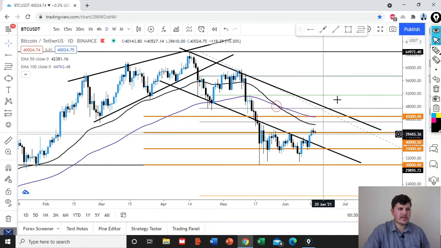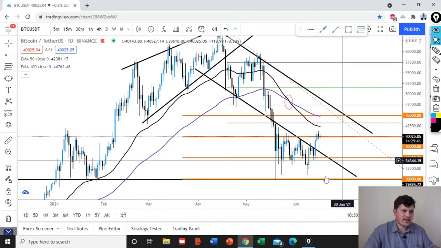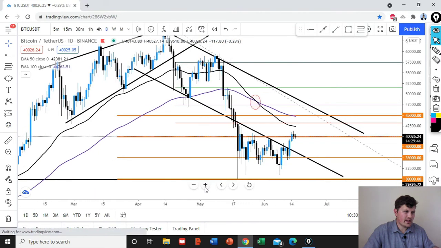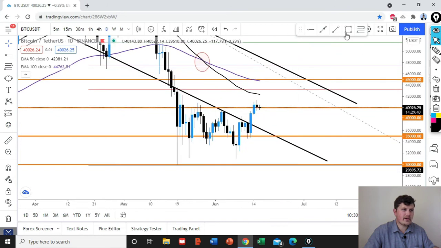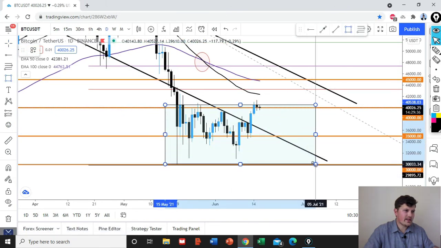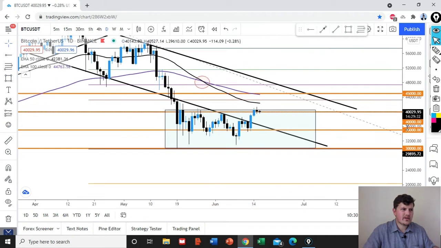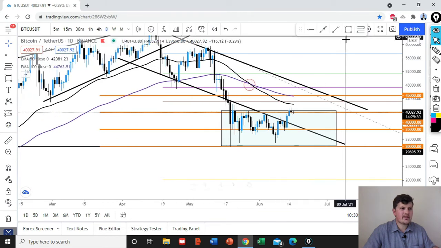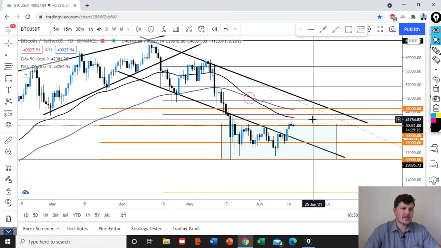us at the moment. So we are currently ranging in the 30 to the 40,000 area. As you can see, we are just consolidating in this little area. Usually a consolidation means the trend is going to continue.